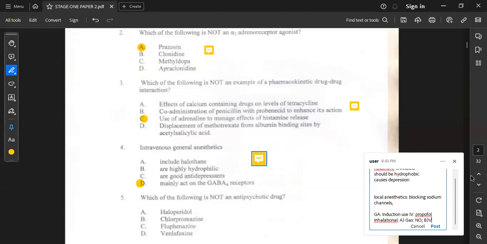I can't remember. If somebody remembers, please, you can help me out for local anesthetics. I don't know about that.